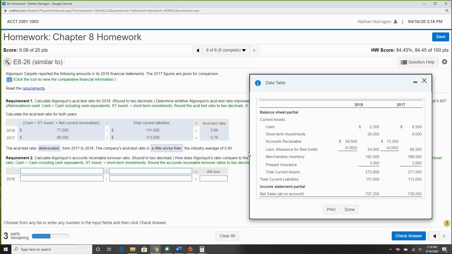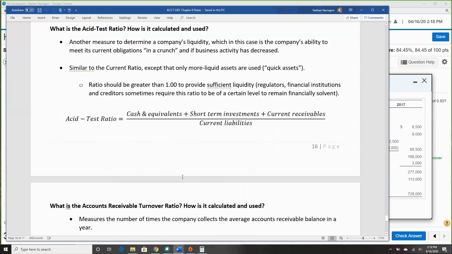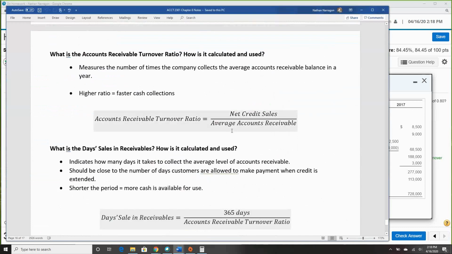Required 2 is now our accounts receivable turnover ratio. Okay. So, checking back our notes, this states that net credit sales divided by average accounts receivable.